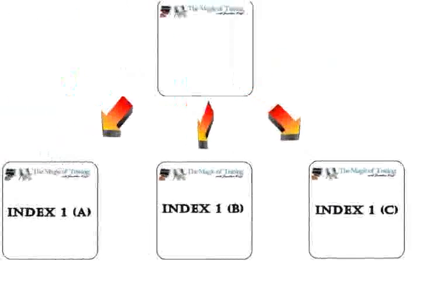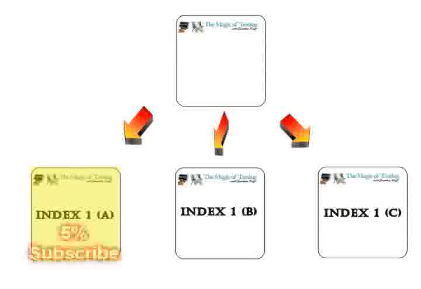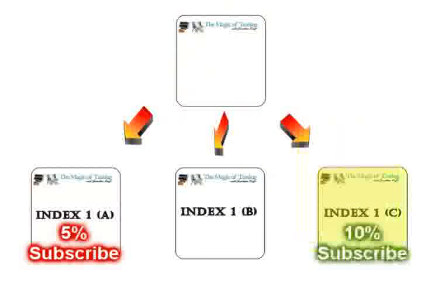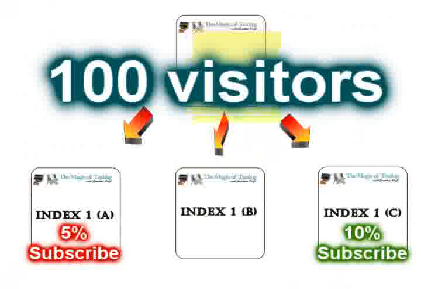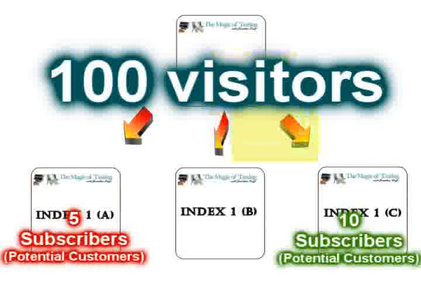You might find that on this page, if you want to get someone to sign up, maybe 5% of people who land on this page sign up, and maybe 10% of people who land on this page sign up. That's not a big deal, right? It's a huge deal, because if you have 100 visitors coming to your website, that's the difference between 5 and 10 subscribers.